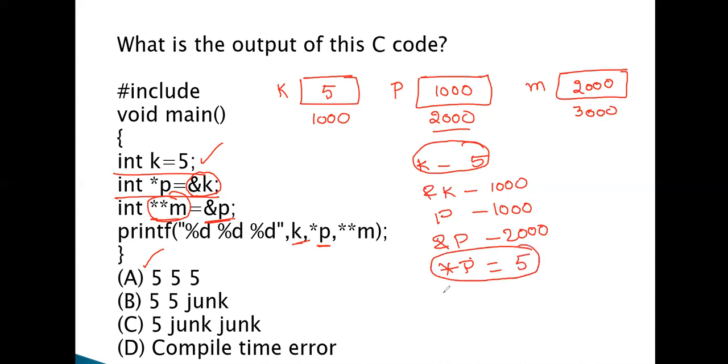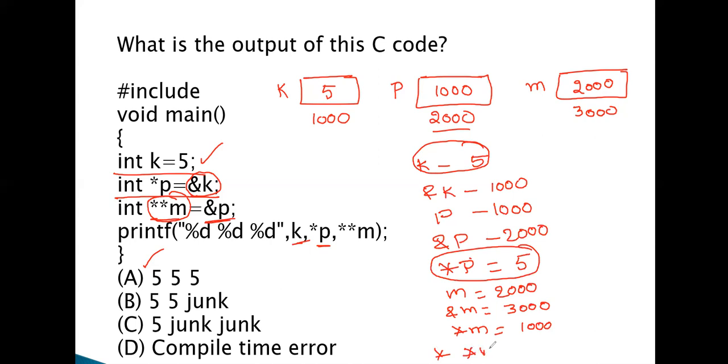Now coming to m. What is the value in m? 2000. What is &m? Address of m is equal to 3000. What is *m? *m means the value present at 2000. What is the value present at 2000? 1000. So *m is equal to 1000.